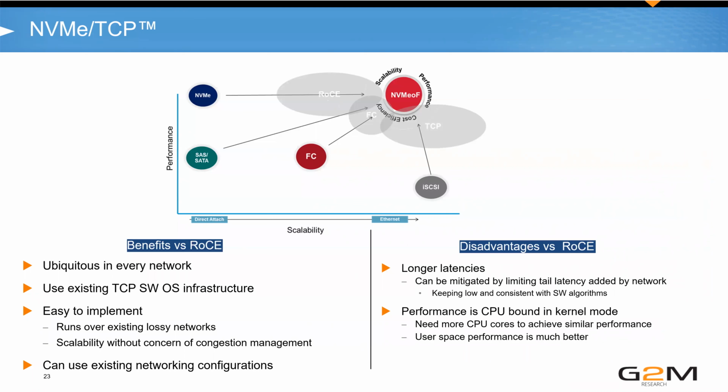The other thing is that it's very simple to implement, runs over existing lossy networks, scalability from both local, close to across large geographic areas is well proven. And then the other thing too that's also important is that it really removes the requirement to configure the switches and parts of the network.